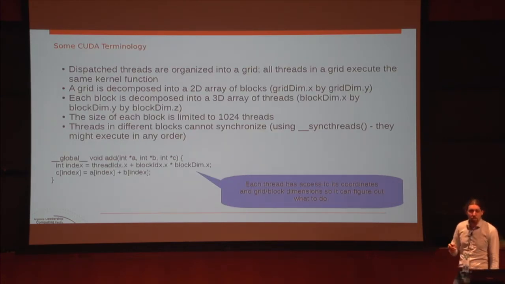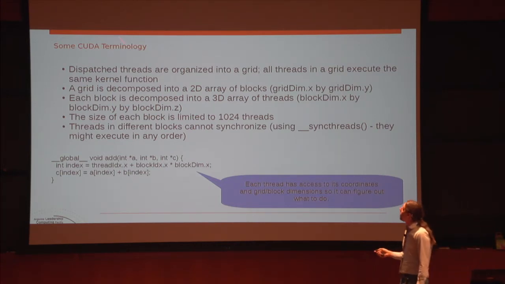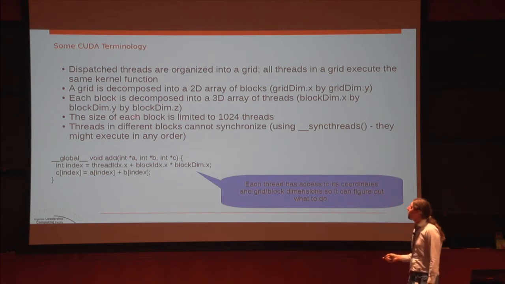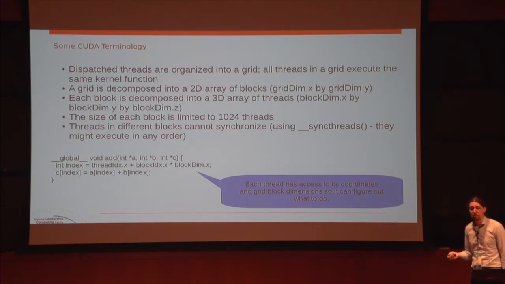Okay, so in this talk, I'm going to go back and forth between a number of different things. Here I'm going to talk a little bit about the threading on GPUs and how that works, specifically in terms of CUDA. If you're using OpenCL for AMD GPUs or something like that, then it's similar.